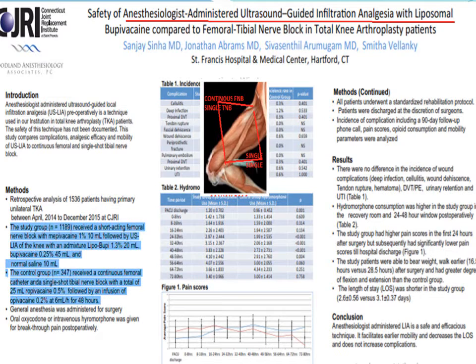He did a short-acting femoral nerve block with mepivacaine 1%, followed by a 60 ml injection of local infiltration analgesia, a mixture of liposomal bupivacaine and saline. The control group, as we described, received a continuous femoral catheter with ropivacaine, total 25 ml, followed by infusion of ropivacaine 0.2% for 48 hours and a single injection tibial nerve block.